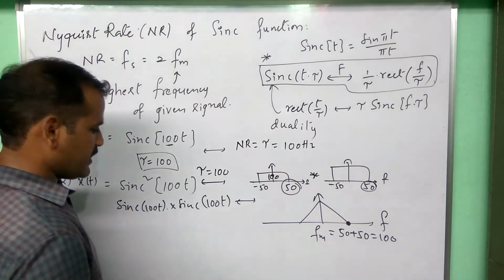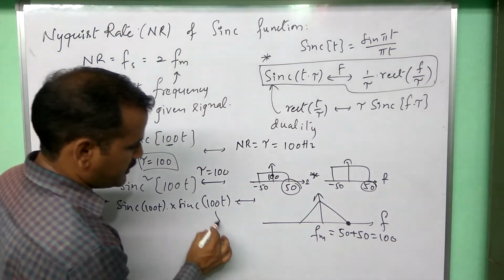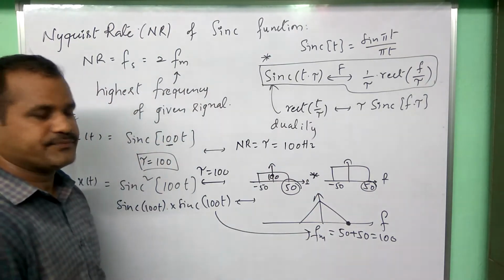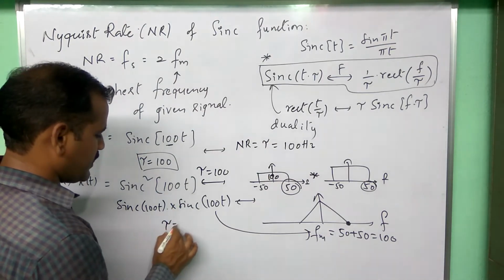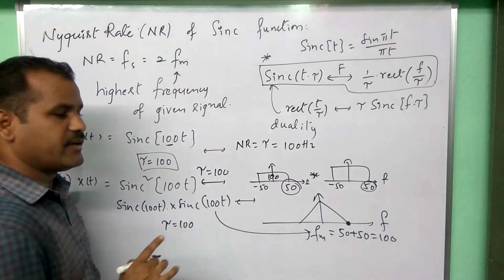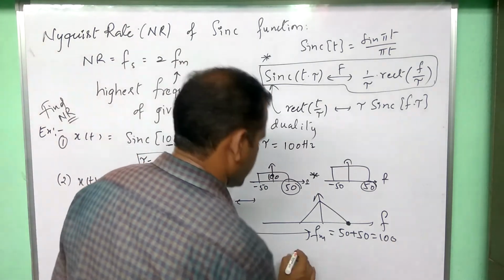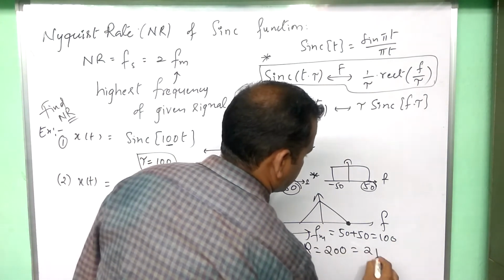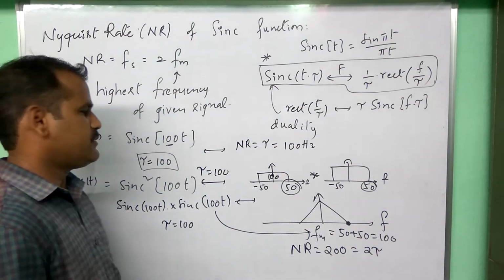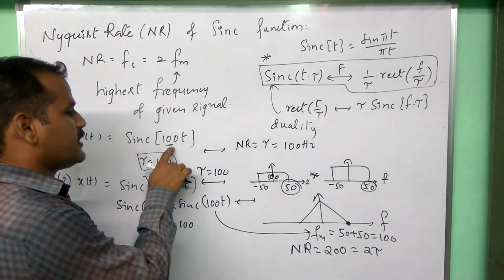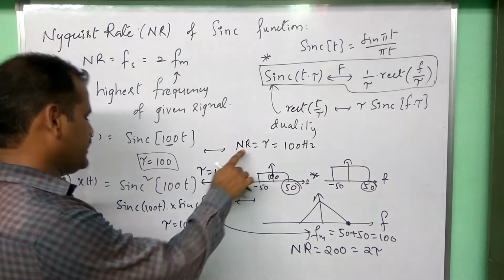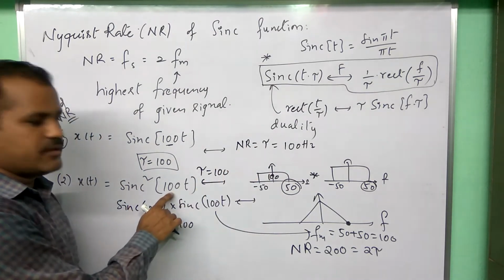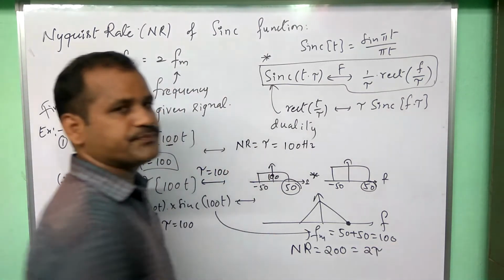That means for the sinc square function, the highest frequency is this one. Here tau is 100, but sinc square is there. When the highest frequency is 100, the Nyquist rate is 200, that is nothing but 2 tau. That means for sinc t tau the Nyquist rate is tau, and for sinc square t tau the Nyquist rate is 2 tau.